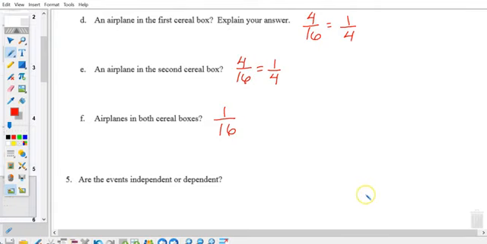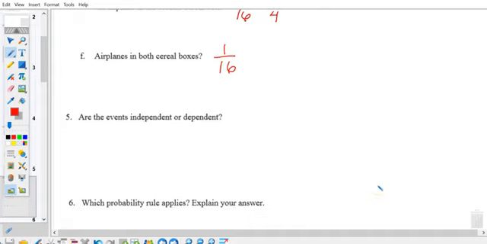Are the events independent or dependent? So let's see, what is the probability of an airplane in the first box? Compare that to the probability, now let's go with the second box, of an airplane in the second box, given that there is an airplane in the first box.